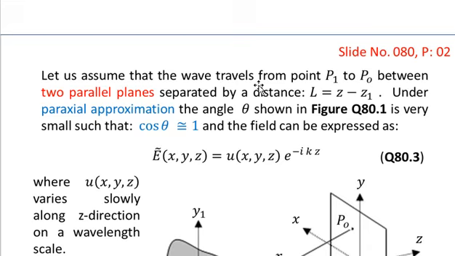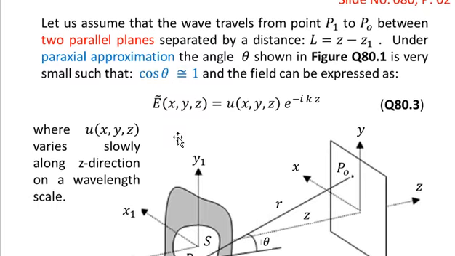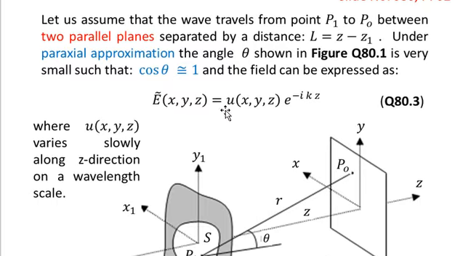Let's assume that the wave travels from point P1 to P0 between the two parallel planes separated by a distance capital L, which is equal to z minus z1. Under the paraxial approximation, the angle theta shown in figure number 1 is very small, such that cos of theta is equal to 1, and the field can be expressed as E prime of x, y, z equal to u of x, y, z multiplied by e to the power minus iota kz.